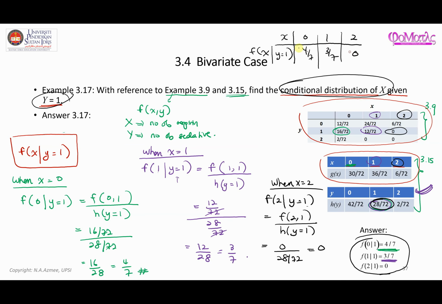And just note that if you total out the values here in the table, it should be equal to 1. Alright, that's all for now related to the idea of conditional distribution for a discrete case.